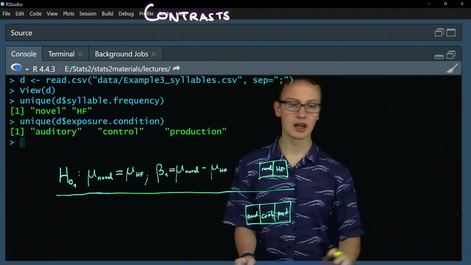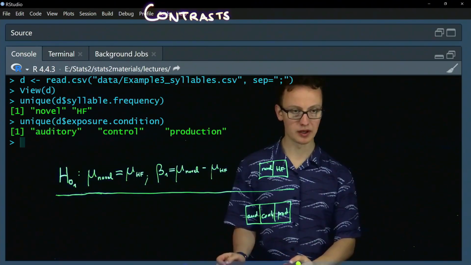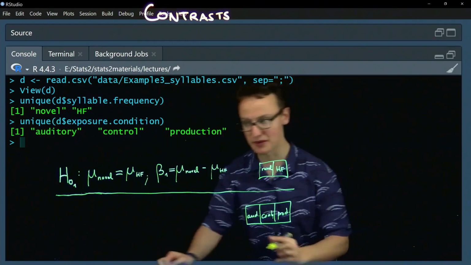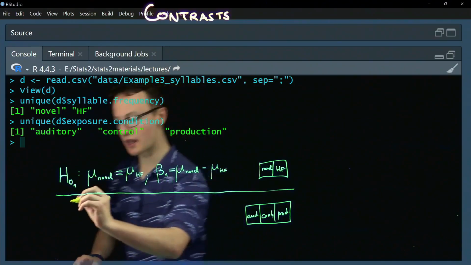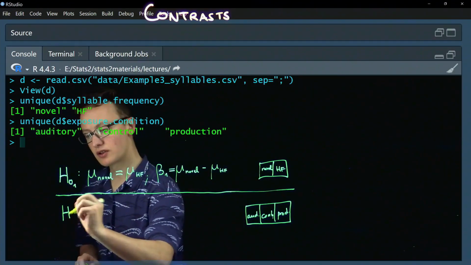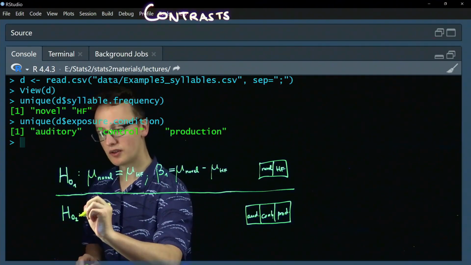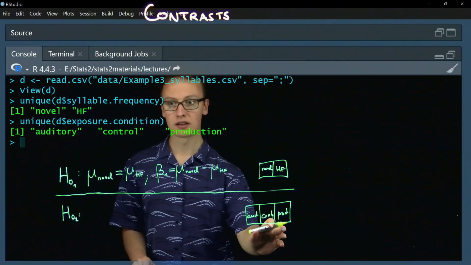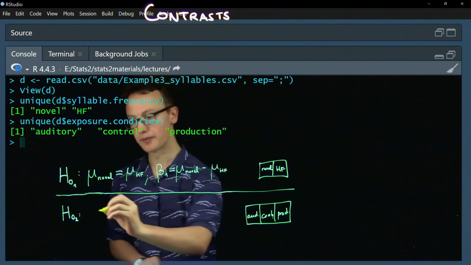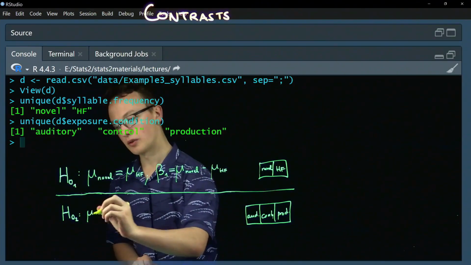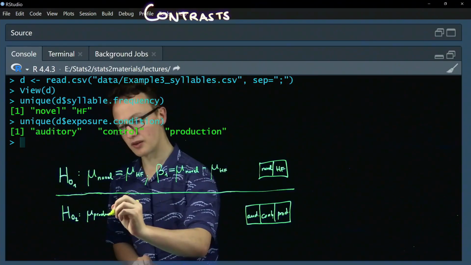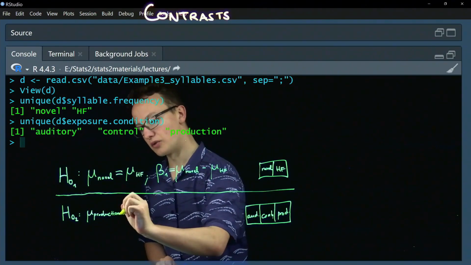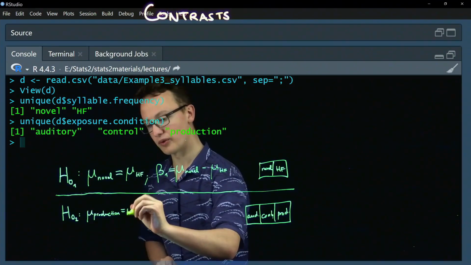And so the first hypothesis we might want to specify, as a null hypothesis in particular, we can say H02. That should be about the difference between the production versus the control level. So mu of production, that shall be equal, according to the null hypothesis, to the mean, the mu for the control condition.